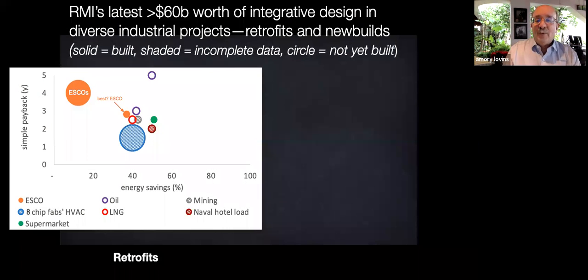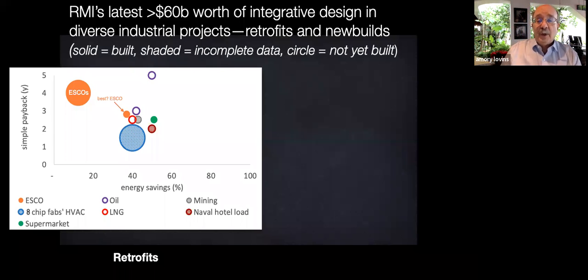RMI's latest 60-odd billion worth of industrial redesigns typically found about 30 to 60% energy savings on retrofit across diverse industries, paying back in a few years and far outperforming the orange zone in the upper left, where most energy service companies deliver disintegrated design.